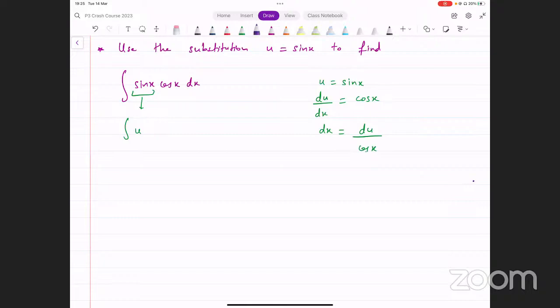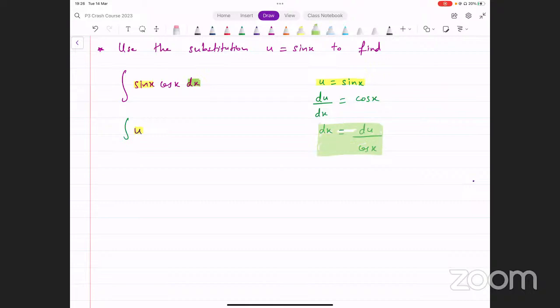Now, let's just input this substitution in this case. So in place of sin x, we're going to input u. So it becomes u here. In place of dx, we are going to input this whole thing, which is du over cos x.